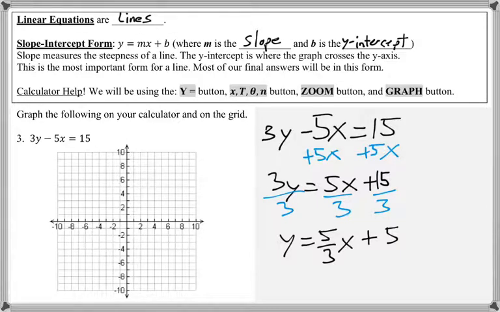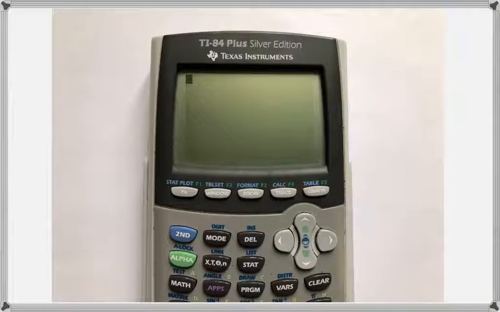So before this recording, I did the problem on the calculator, and I took pictures of the screen. So now I'm going to walk through those pictures. So on the calculator, we want to enter in our equation under the y equals menu.